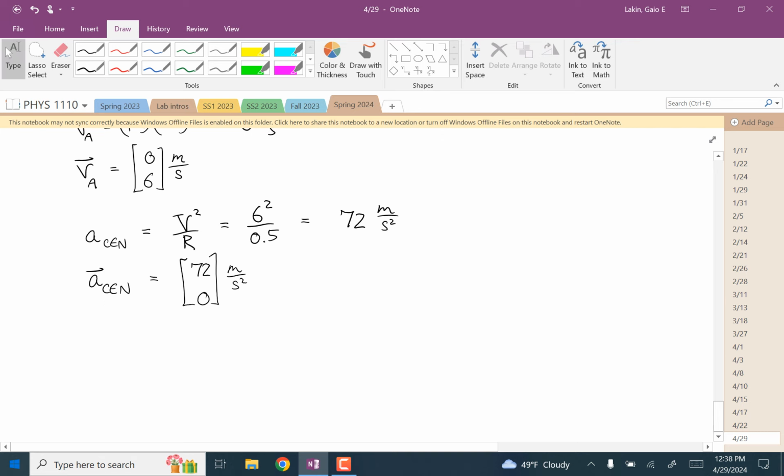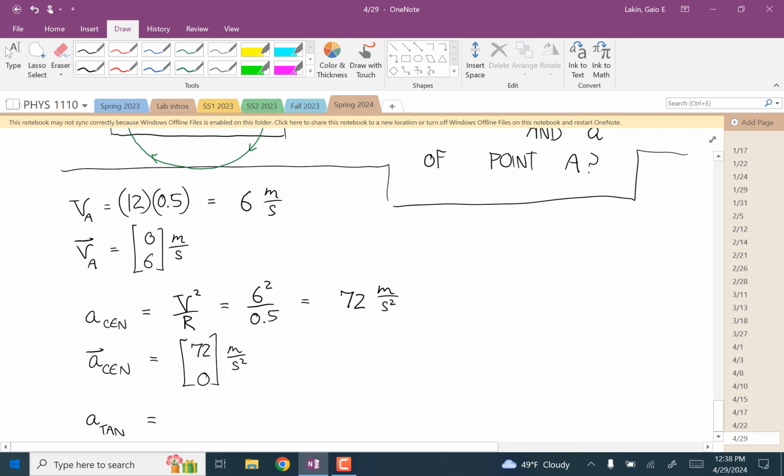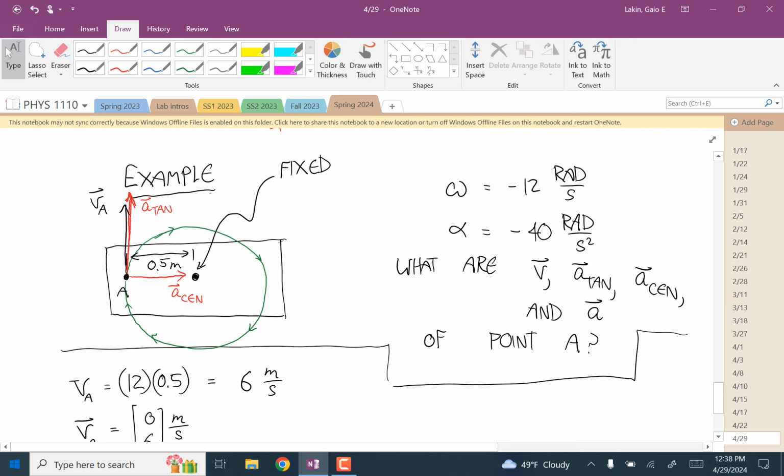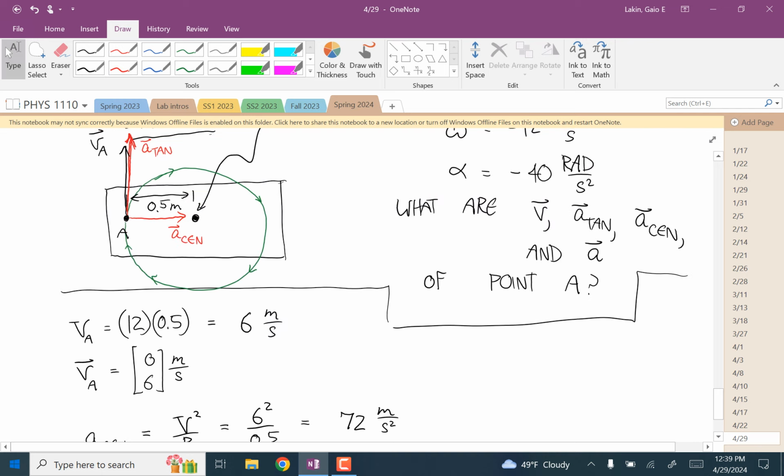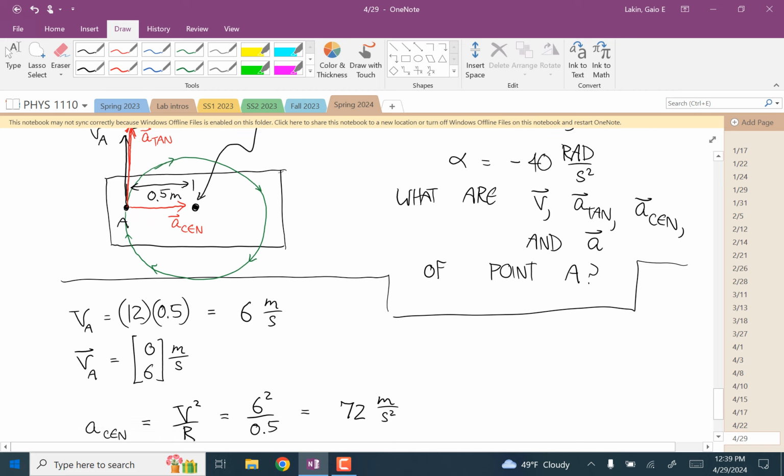And now we can think about the tangential acceleration. The magnitude of the tangential acceleration is the absolute value of the angular acceleration, which was, so that's 40, times r, 0.5. And so we get a tangential acceleration magnitude of 20 meters per second squared. From the picture, we figured out that's in the positive y direction.